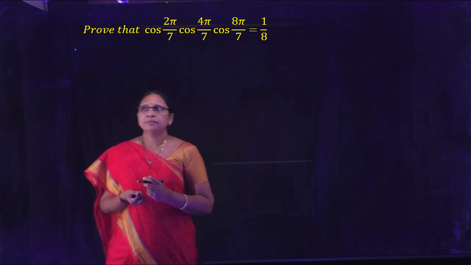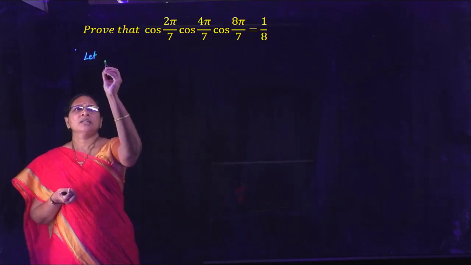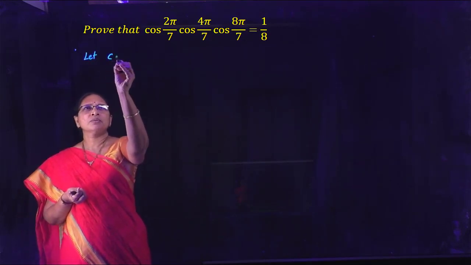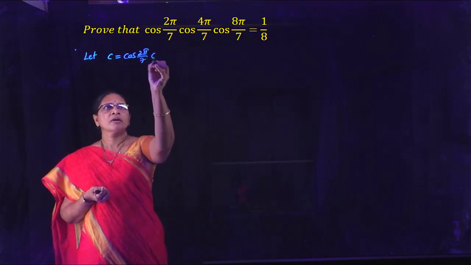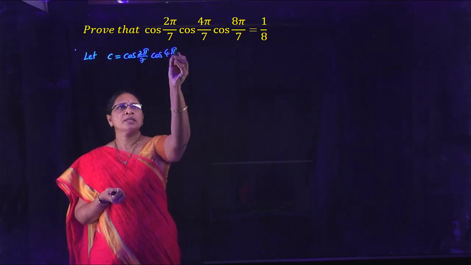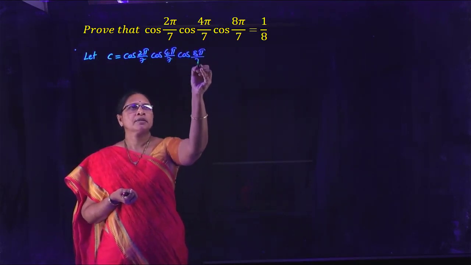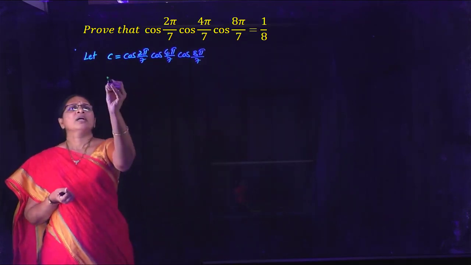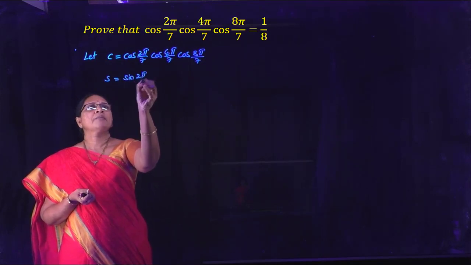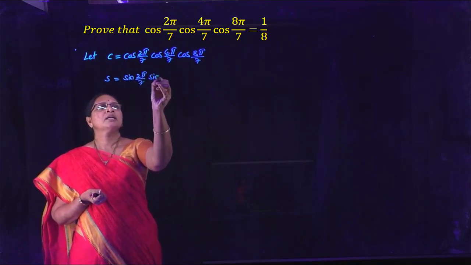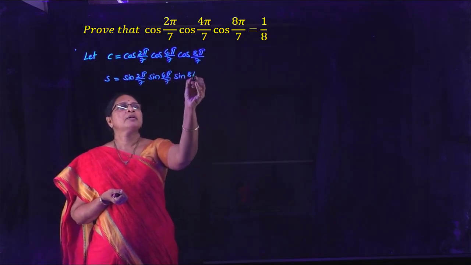Let us take the LHS part. Let C is equal to cos 2 pi by 7, cos 4 pi by 7, cos 8 pi by 7, and take S is equal to sin 2 pi by 7, sin 4 pi by 7, sin 8 pi by 7.